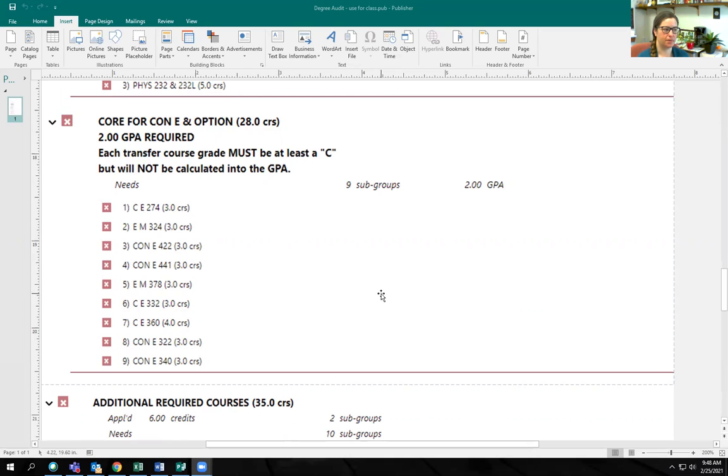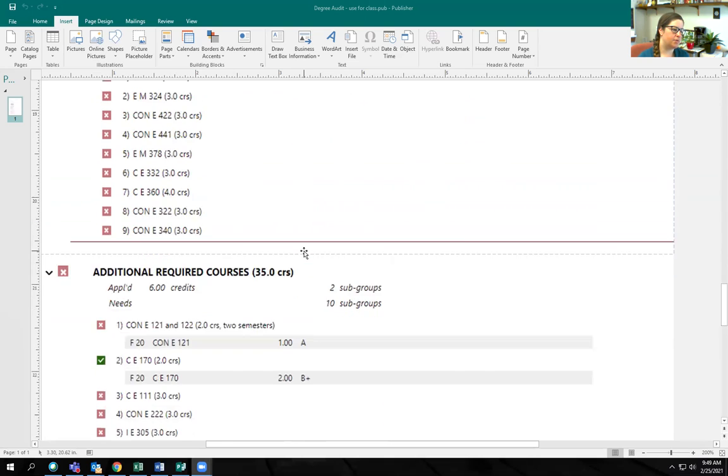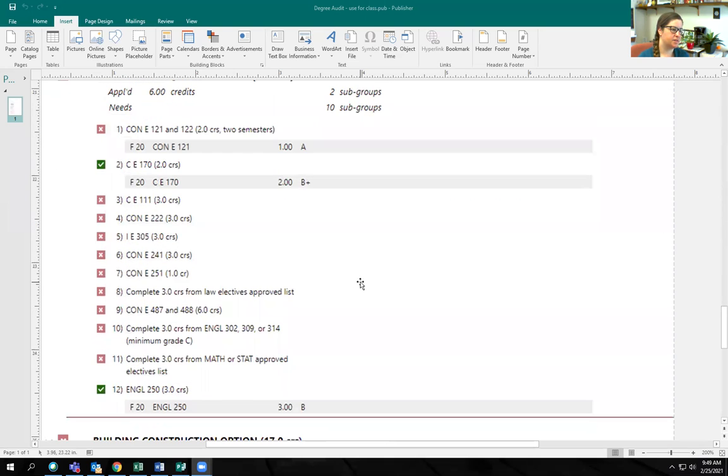So just like with the basic program, this group has to have a 2.0 or higher. If you don't do well in mechanics and materials, that's fine, as long as the other classes are high enough to keep that group total up above a 2.0. Then we have additional required courses. That's where we've got learning community, graphics, a bunch of other courses.